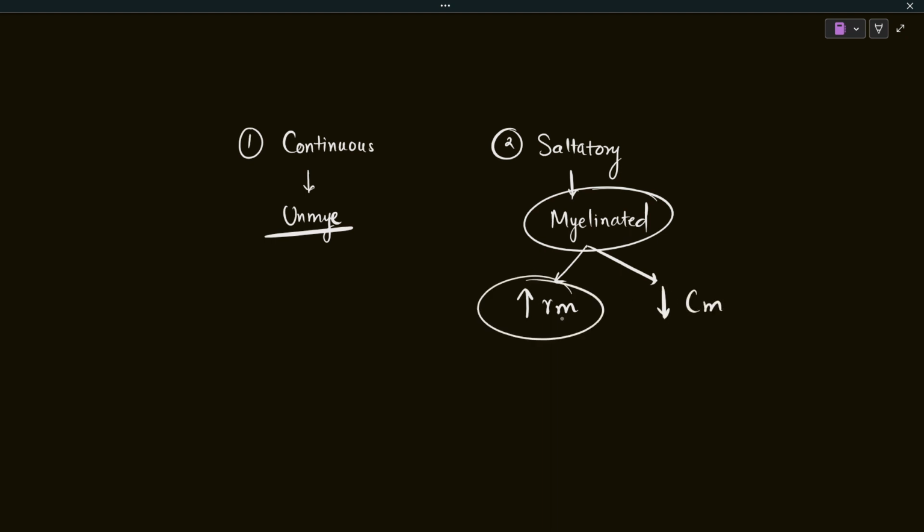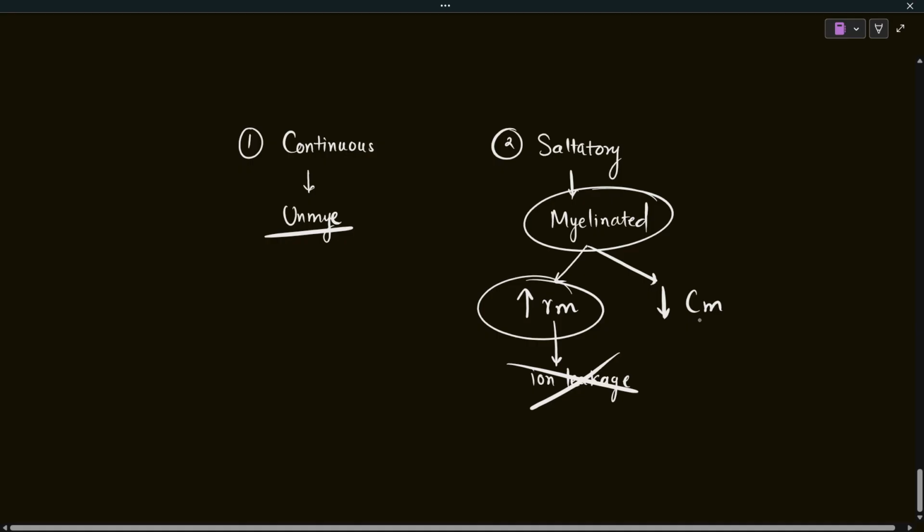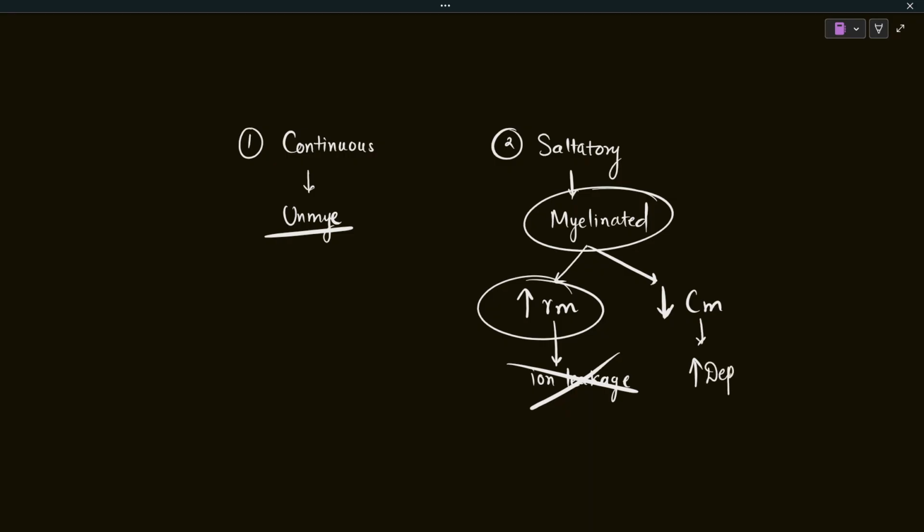So due to the increase in membrane resistance, ion leakage is prevented, and due to the decrease of the membrane capacitance, the depolarizing capacity of the membrane increases. Due to which the conduction will be fast here, and conduction of the signal will be slow here, because in the continuous propagation of action potential, the graded potential will eventually die out.